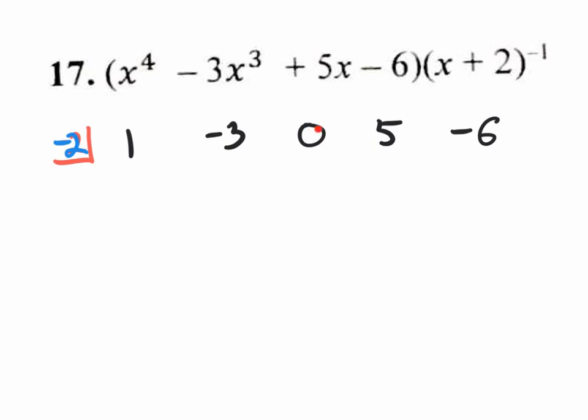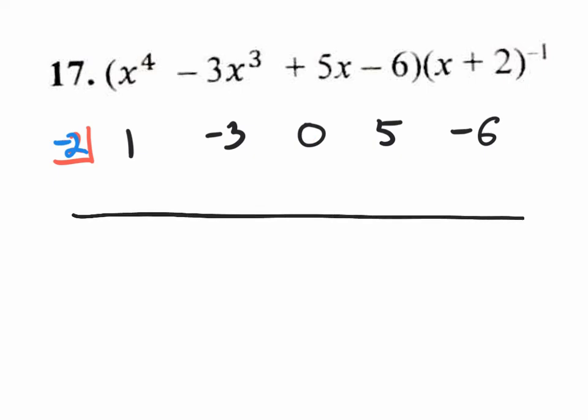Guys, if you don't put this 0, you're done. I didn't say you're dumb. I said you're done, as in, you're not going to get it right. So look, 1 is in front of x to the 4th. There is an x to the 3rd, so negative 3 goes right there. There's no x squared, so you have to represent the value of x squared with a 0. 0x squared.